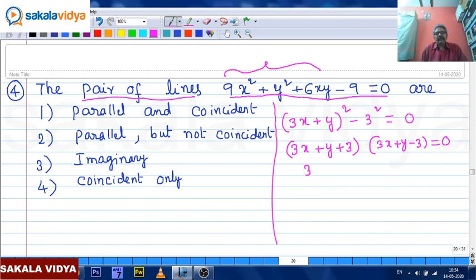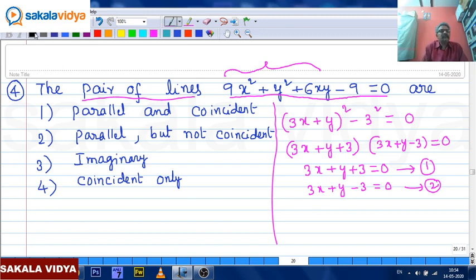So we get two separate equations. 3x plus y plus 3 equals 0, say equation 1. 3x plus y minus 3 equals 0, this is the second equation. Here what do you observe? These two are parallel, not coincident.